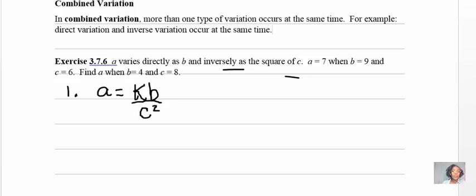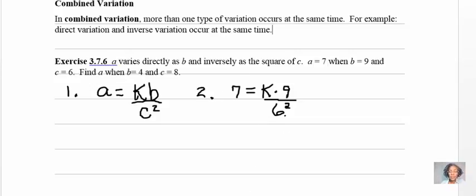Now step 2 involves using the information given in the problem to find K. So A is 7 when B is 9 and C is 6. So we just don't want to forget to actually square our C, because that's what our equation tells us to do.